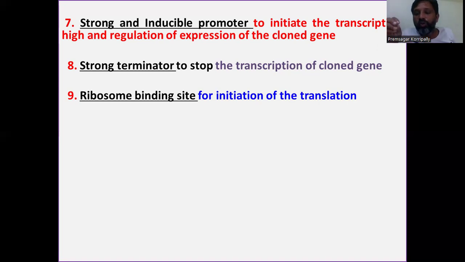You will be cloning only the ORF. ORF means what? This sequence starts with the ATG start codon and runs to the stop codon. It may not have its own ribosome binding site. Hence, the vector should also have a ribosome binding site so that it initiates the translation.